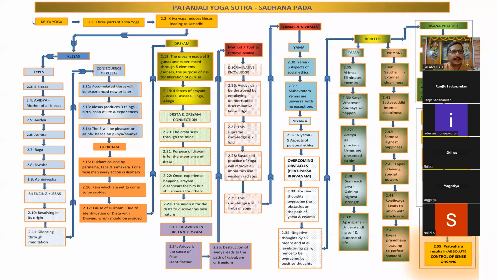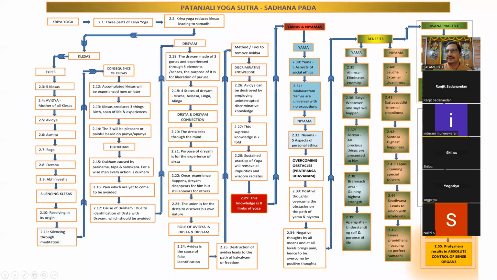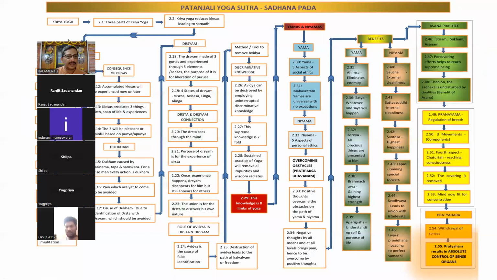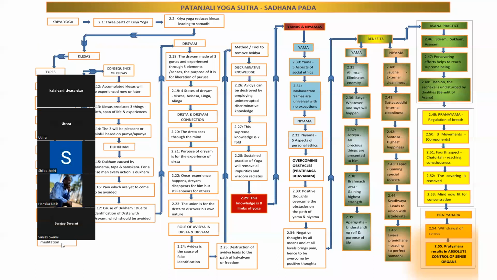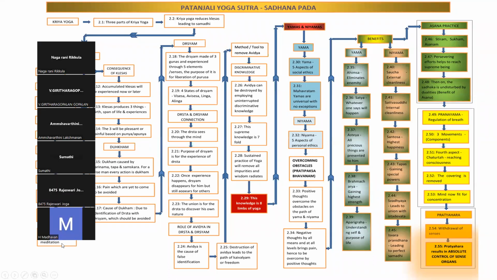Here, you can see the main heading, for example, Kleshas. Then what are the sutras related to it? Like that it goes. Where does Ashtanga Yoga come in? We have marked it here, whichever is in color. From the 29th sutra to the end of the second pada, the Sadhana Pada, we have Ashtanga Yoga.